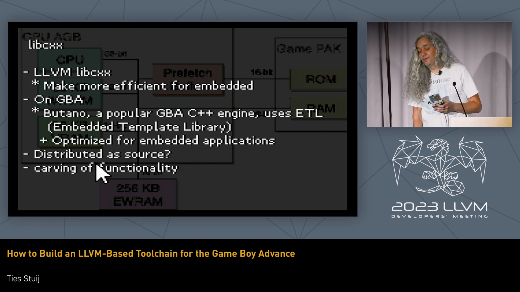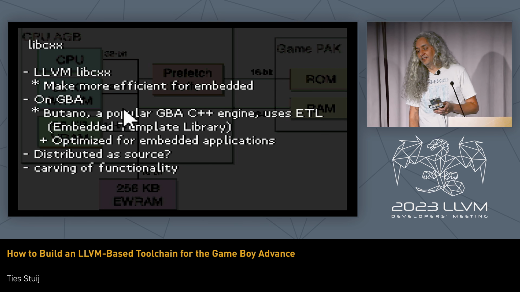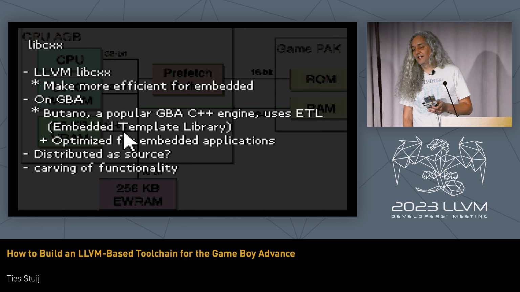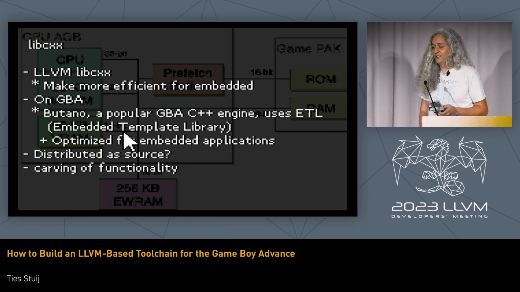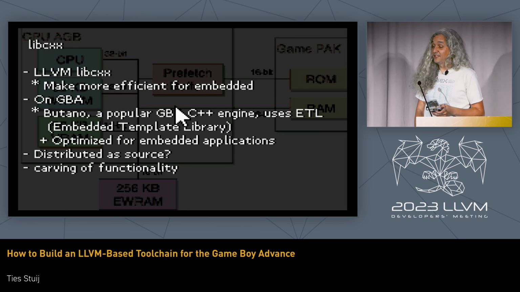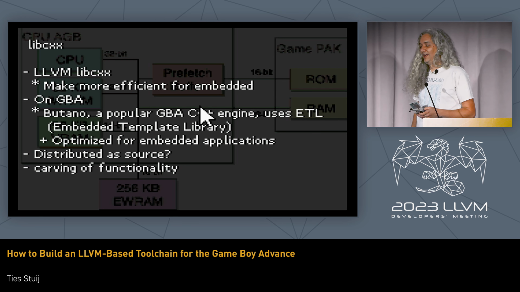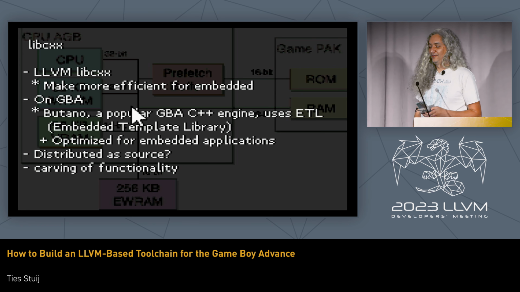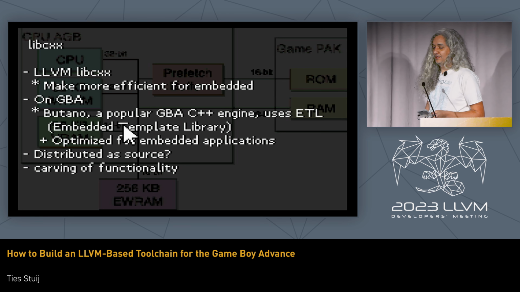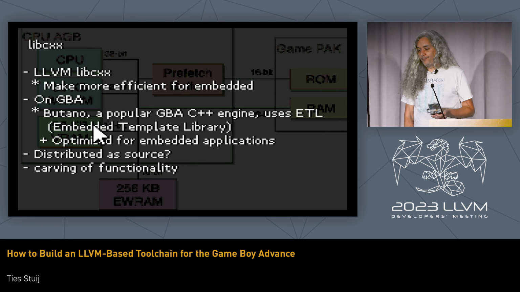People have been looking into just distributing it as source, so people can compile it the way that they want and use it in the way that they want instead of just using the binary. For the Game Boy Advance, I think the biggest use case for libc++ is an engine called Butano from the gas things, and they're using ETL, which is basically sort of a cut down libc++ for embedded use cases.